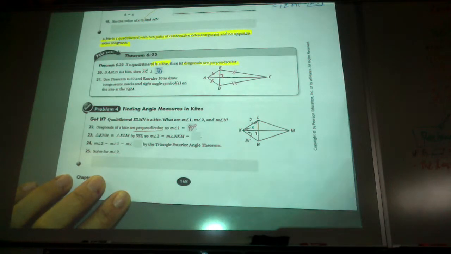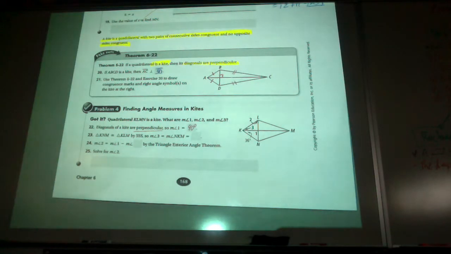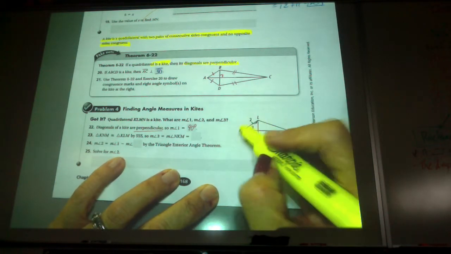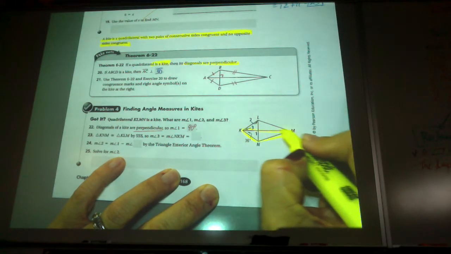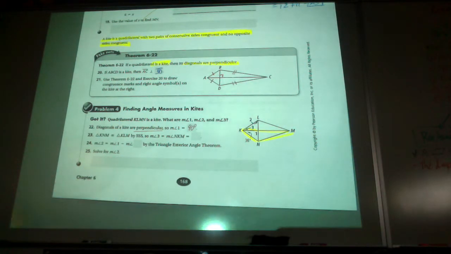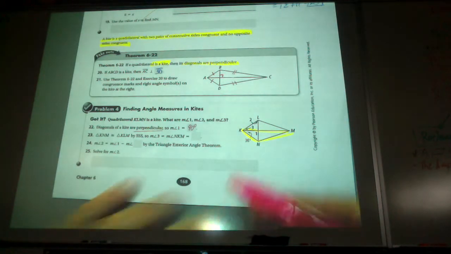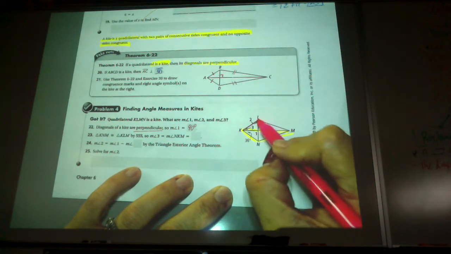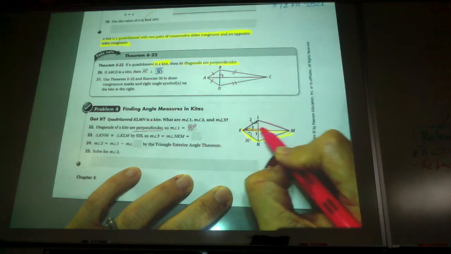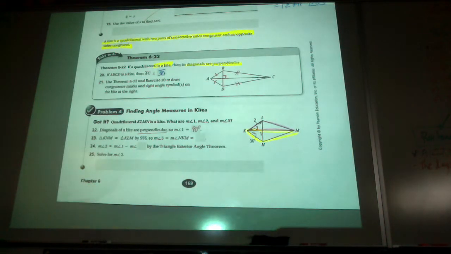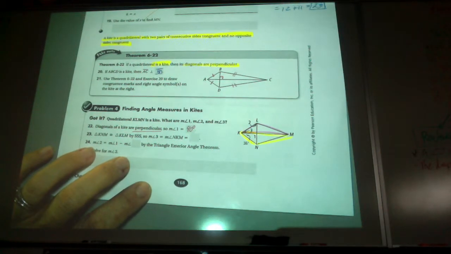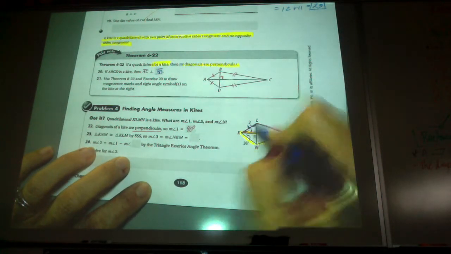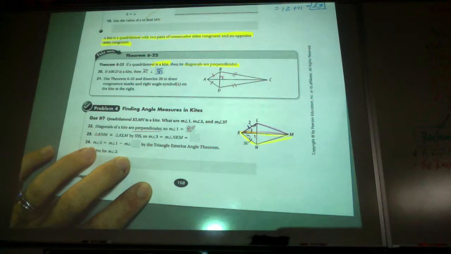So triangle KNM and triangle KLM are congruent by SSS. Remember, I can single tick mark this side and single tick mark that side, so those are equal.